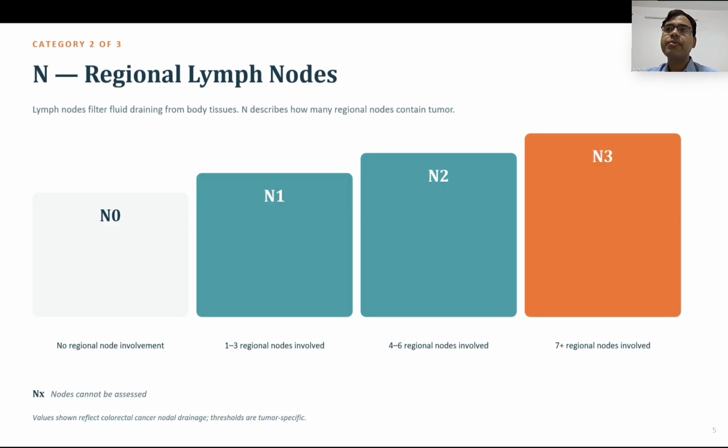In head and neck cancer, N1 means few nodes are involved, or nodes on the same side of the disease. If you have a left cheek cancer, usually the left side of the neck will be involved. When multiple nodes or opposite-sided nodes are involved, it becomes N2. But N3 means heavy neck nodal involvement, that is, several stations of the neck are involved.